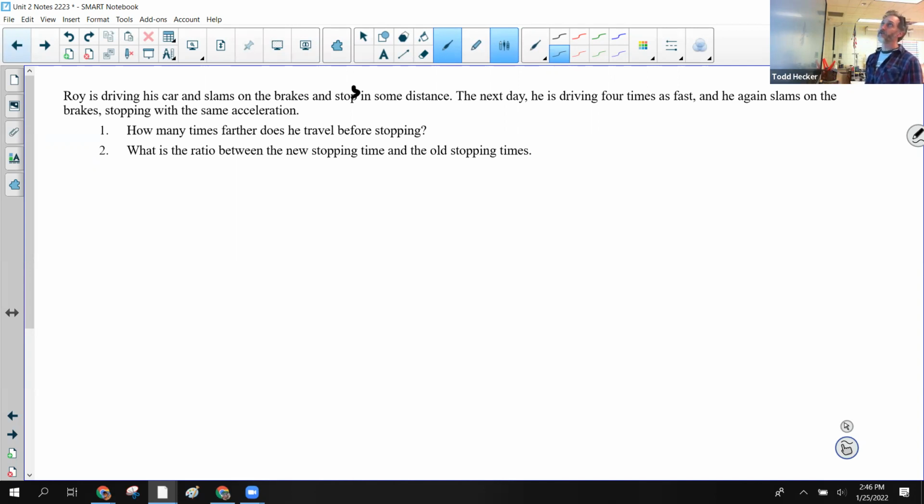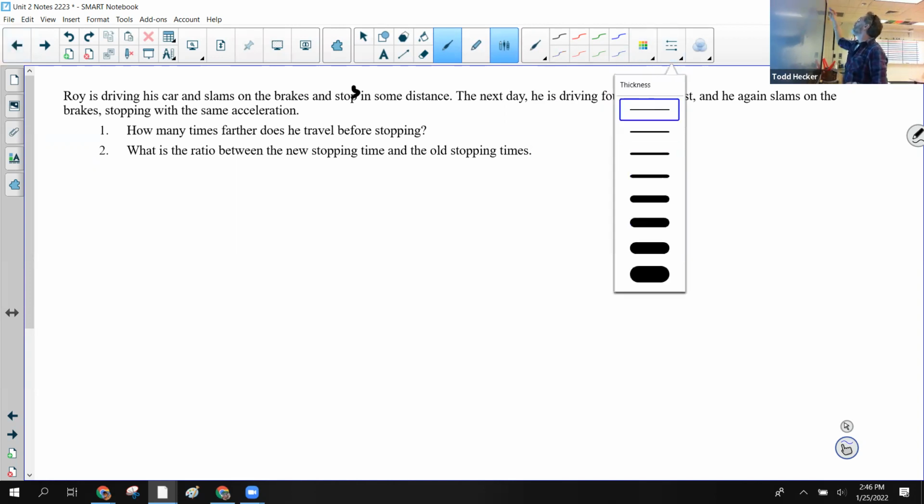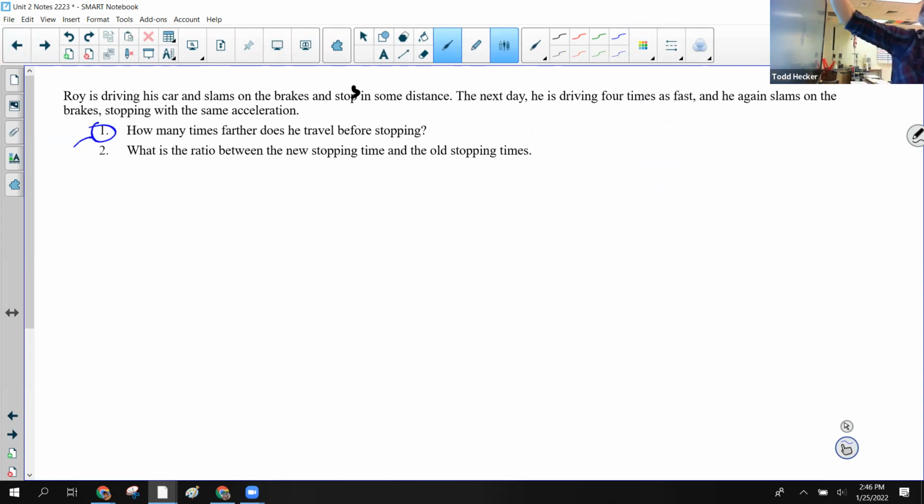We're comparing 2 things. In the first sentence, it tells us he's driving and he slams on his brakes and stops. And then the next day he slams on his brakes again. So we're comparing the 2 days, right? And in question number 1, what we're trying to find is how many times farther he travels the second day.